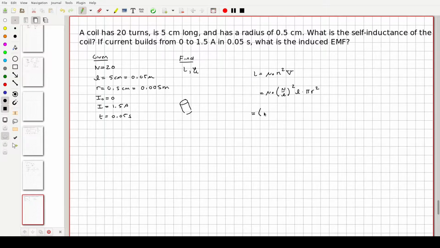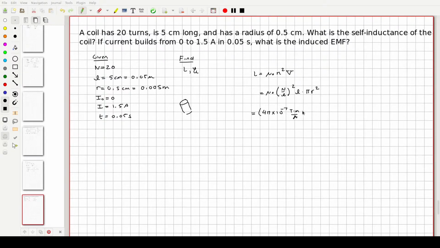It's pretty easy. This is 4 pi times 10 to the minus 7th Tesla meters per ampere? Let me check that real quick just to make sure. Yes, that's what it is.